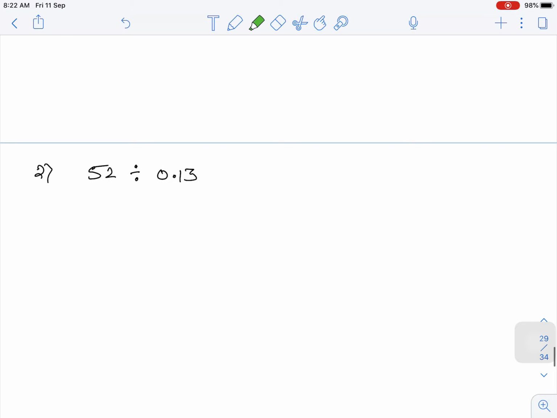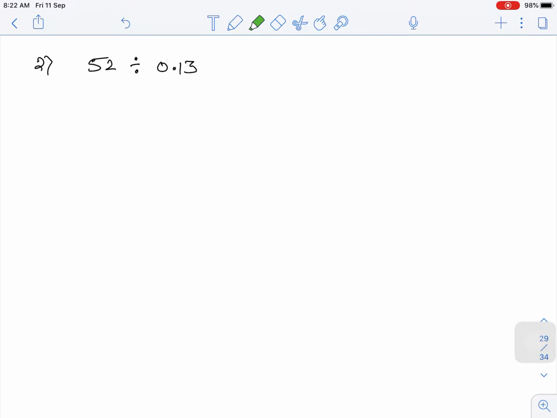Now let us consider some more examples. Here in this number there is no decimal. If a number has no decimal, it means the decimal is present at the end. We have to divide 52 by 0.13. Solution: 52 upon 0.13. Here the decimal is between 0 and 1.